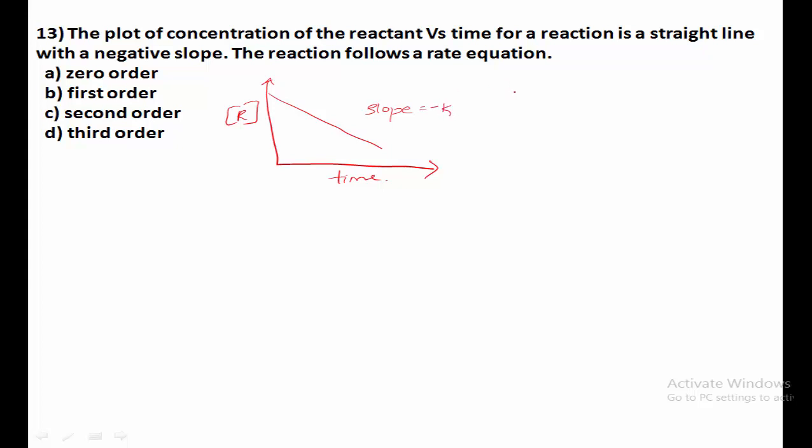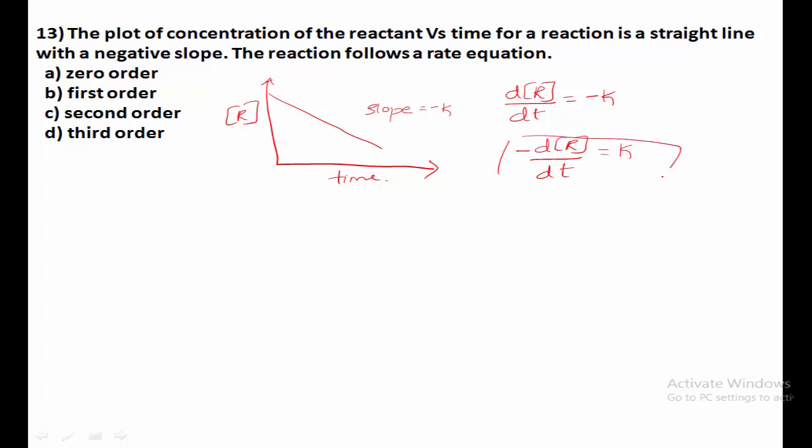This can be written as the change in concentration of reactants with time is equal to minus k. Rate is equal to a constant which is negative. Now I will simply rearrange this sign and take it to the left hand side. Then minus dR by dt is equal to k.